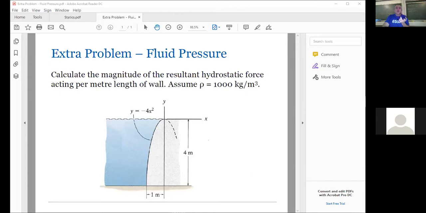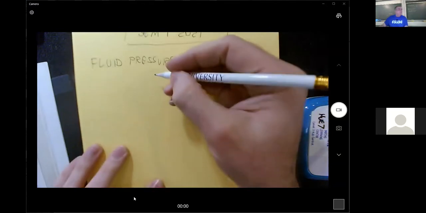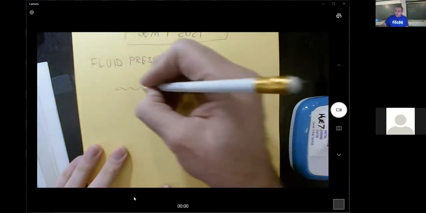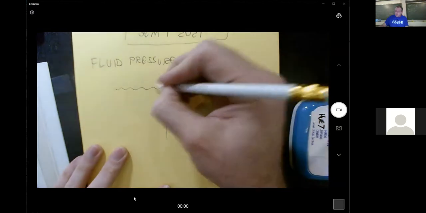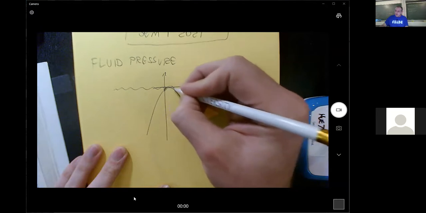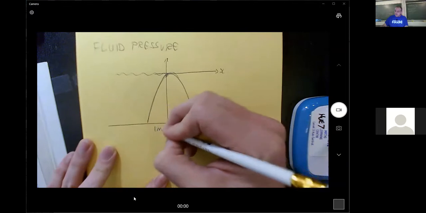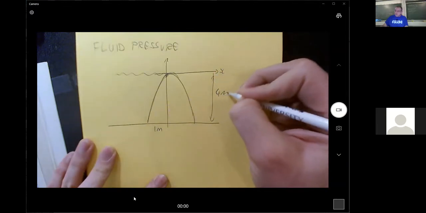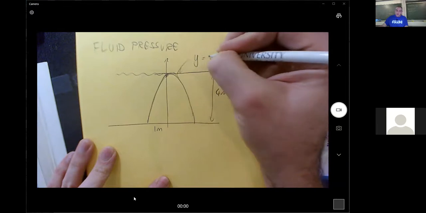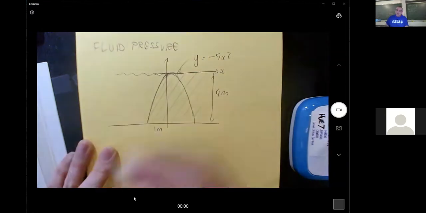I'm just going to draw this picture on my piece of paper. So my picture goes: there's the water, there's y, there's x, there's a parabola, there's the floor, that's 1 meter, that's 4 meters, and this curve is y equals minus 4x squared, and there's concrete here, and this is water.